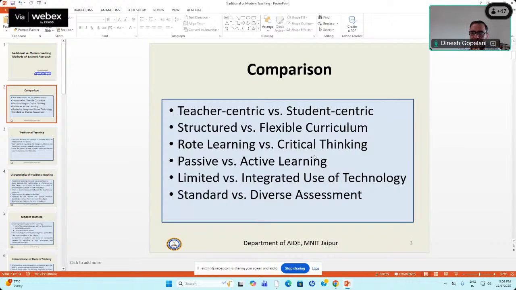And coming to assessment, there will be standard assessment in the form of writing exams in the traditional way, whereas for modern, you have many diverse methods available. So if you see, this outcome is completely favoring modern teaching methods. All the points are going in favor of that.